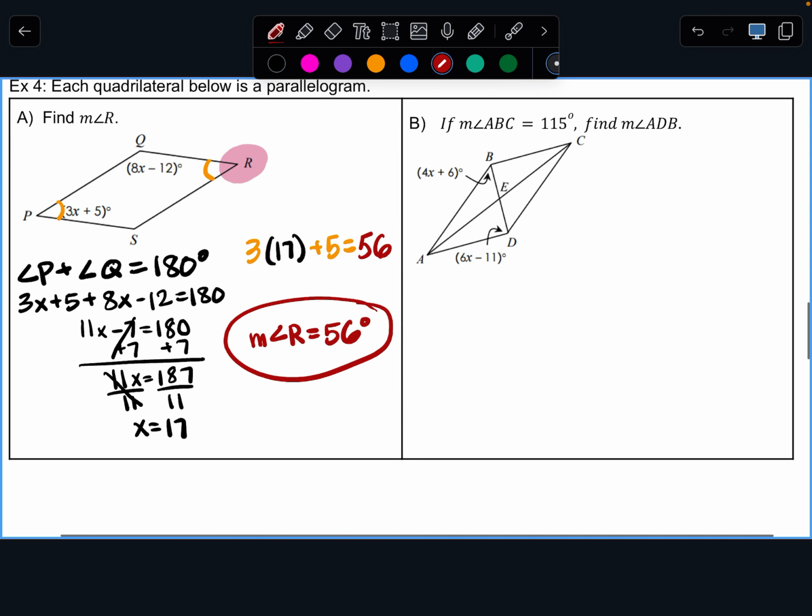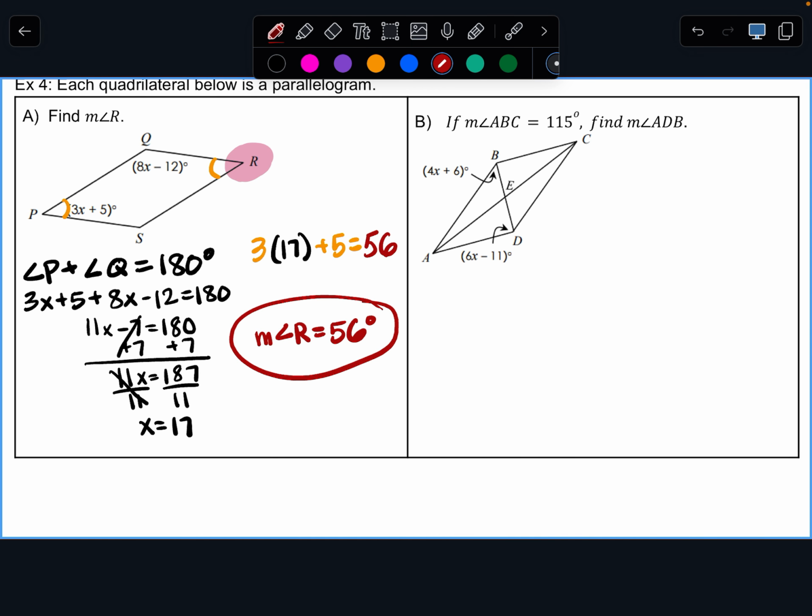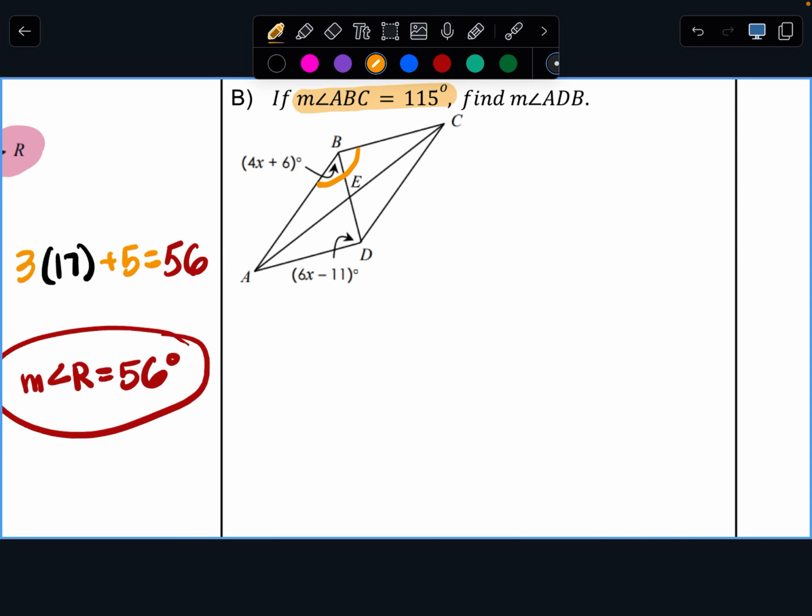Okay, last example for today. If the measure of angle ABC is 115 degrees, find the measure of angle ADB. So it's giving us that the measure of angle ABC is 115. So I'm going to mark a little orange mark here that tells me that entire part. Let me zoom in here.